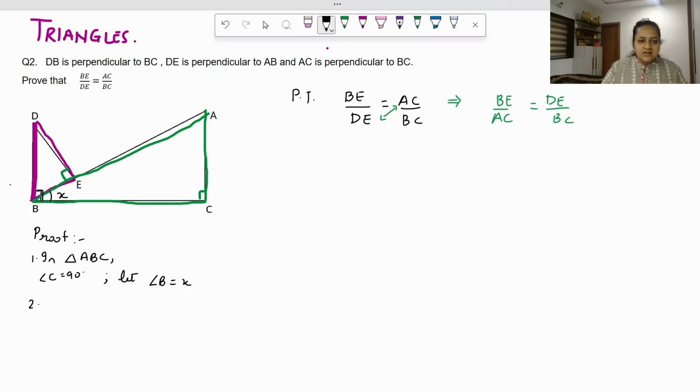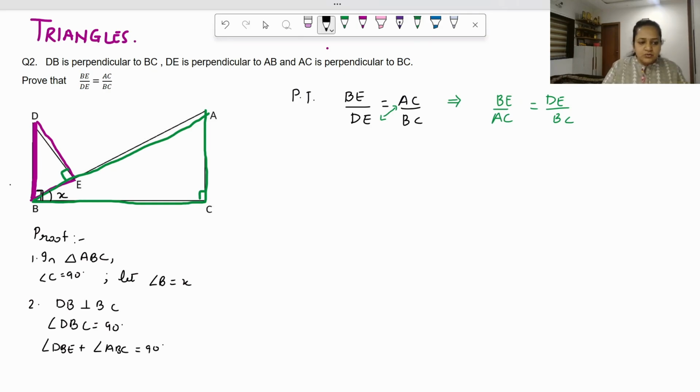Correct? Second, we know DB is perpendicular to BC. That means angle DBC is 90. Right? DBC is nothing but angle DBE plus angle ABC.